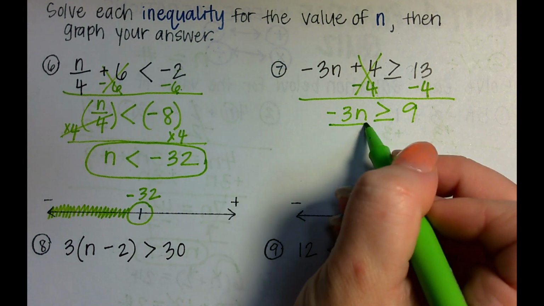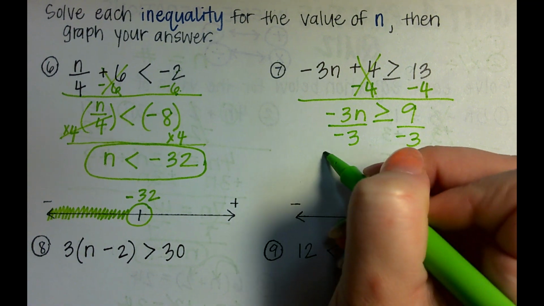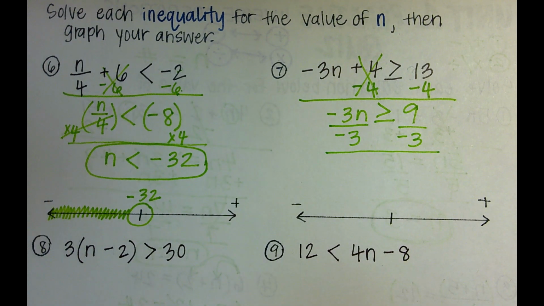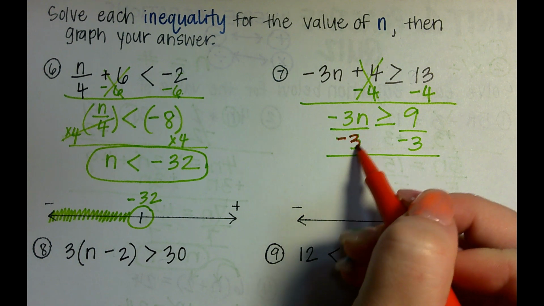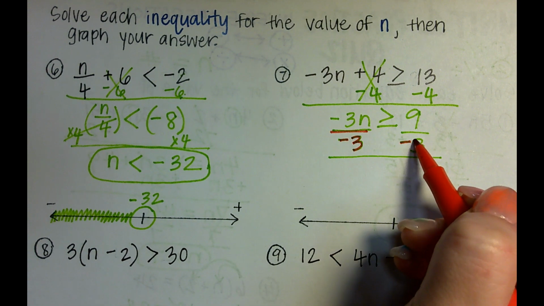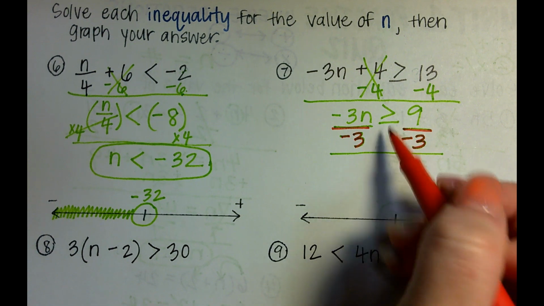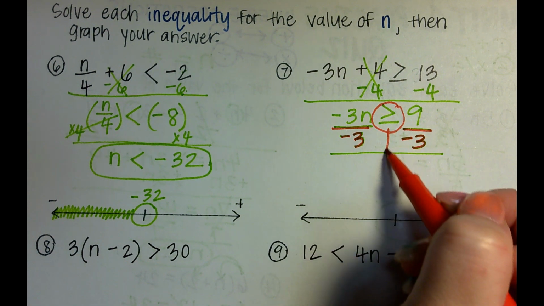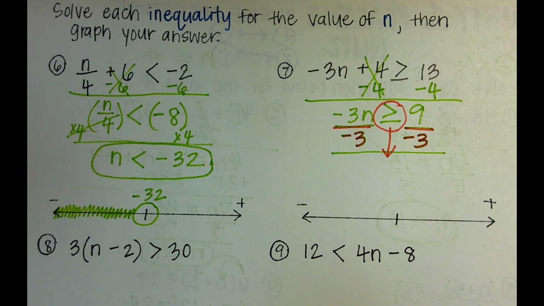Divide by negative 3. Uh-oh, what are we thinking about here? What did we just do? We just divided by negative 3, which means our sign has to change.